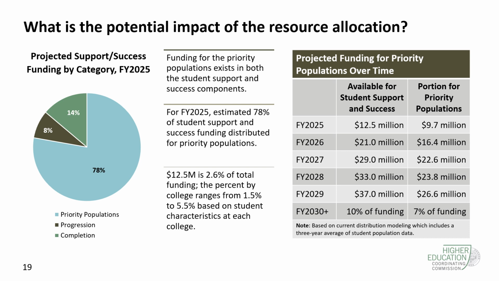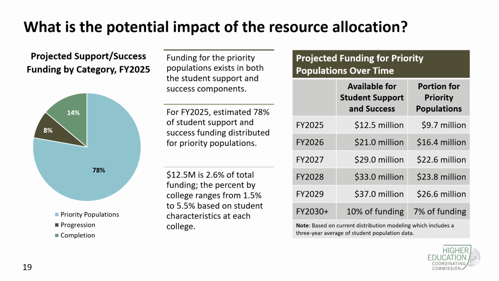After the implementation period concludes, starting with fiscal year 2023, 10% of all the available funding for the Community College Support Fund will be made available for student support and success. Of that 10%, we estimate 7 to 8%, or 70 to 80% of that available funding will be distributed for student support and success, specifically for the priority population students.